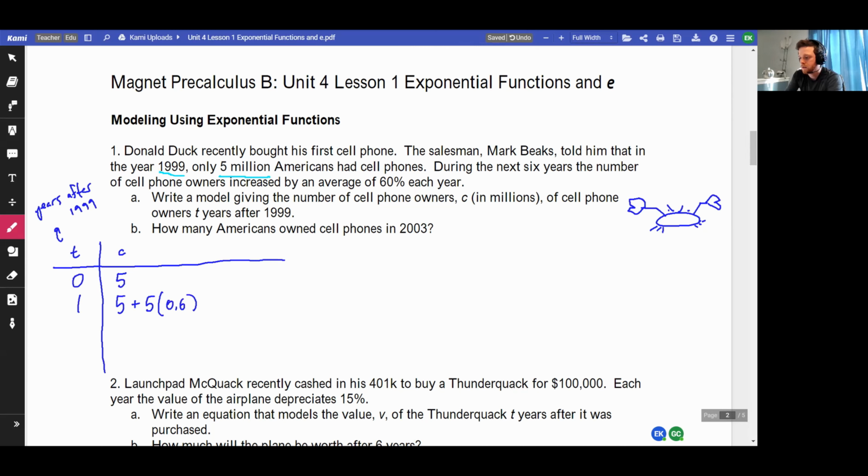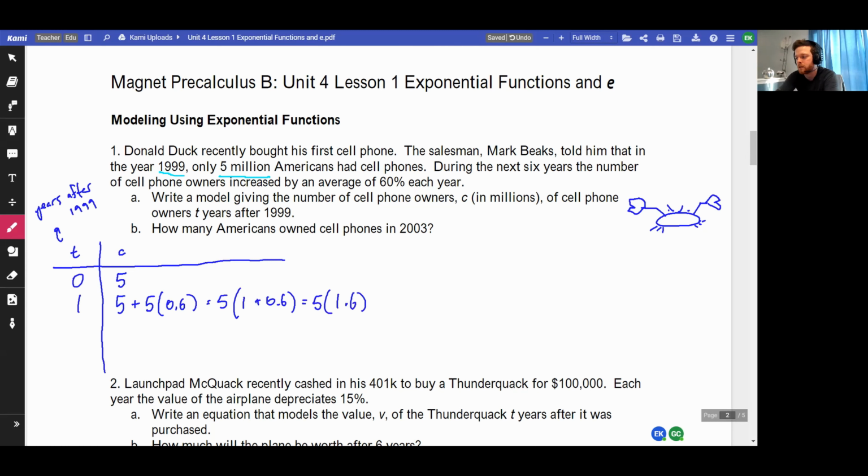I see a GCF. Factoring 5 out of 5 is a 1, and factoring 5 out of 5 times 0.6 is 0.6. PEMDAS, let's do the parentheses. 1 year after 1999, I can use the number 1.6 to get my new number. I can multiply 5 times 1.6.